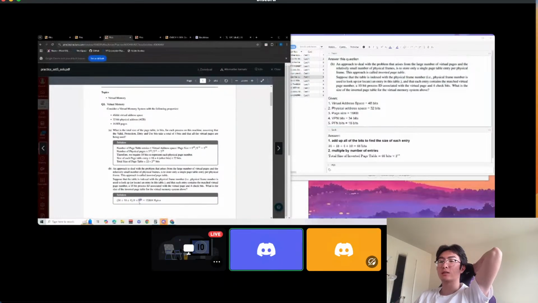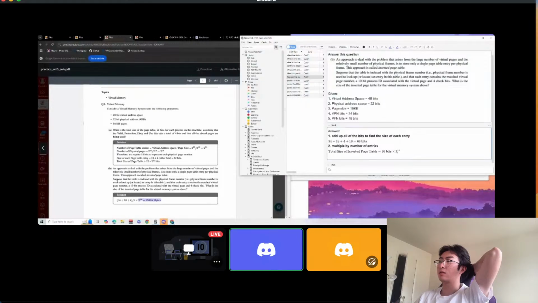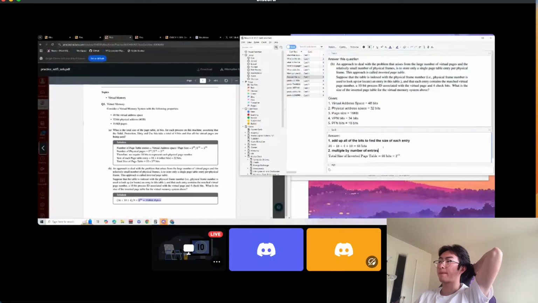Okay, this makes sense since we do have to multiply by 2 to the 18, because this is the number of entries that we have. So we don't actually add the bits here. Oh, okay. They divided to get the bytes.